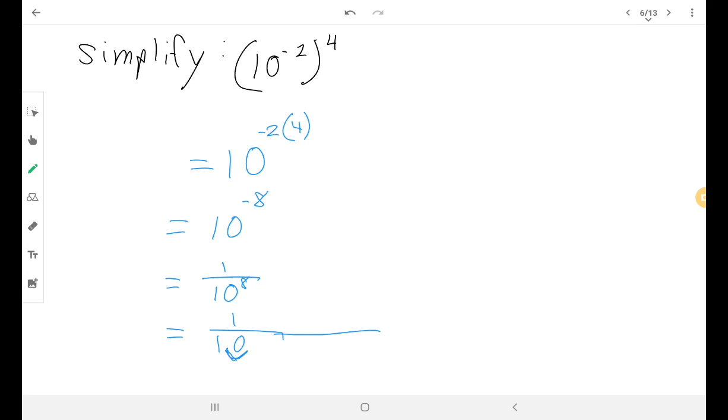But if we've got 10 to the 8th, then we need 8 places, so 2, 3, 4, 5, 6, 7, 8. So that gives you 8 zeros. And then you just got to put in the commas. 1 there, 1 there, and so you have 100 million. If you count, you'll see that there are 8 zeros.